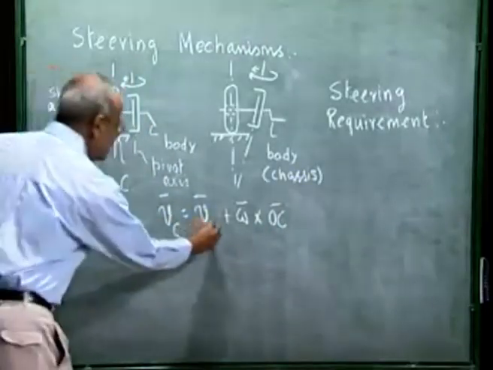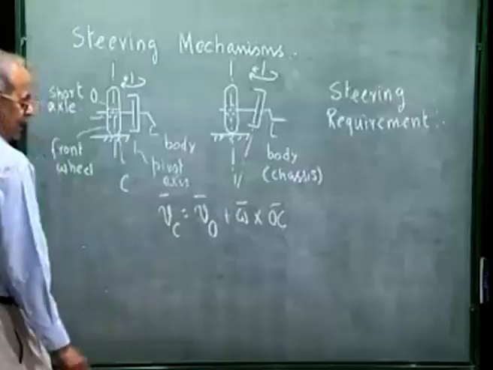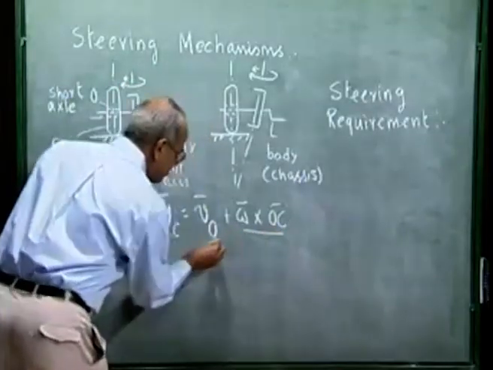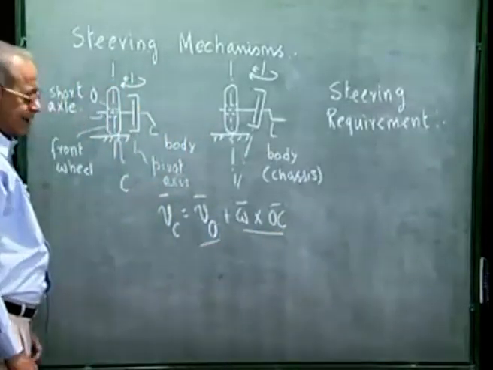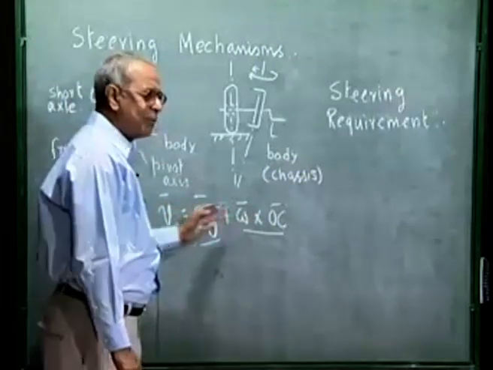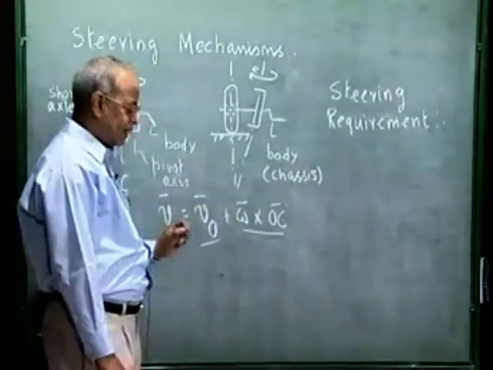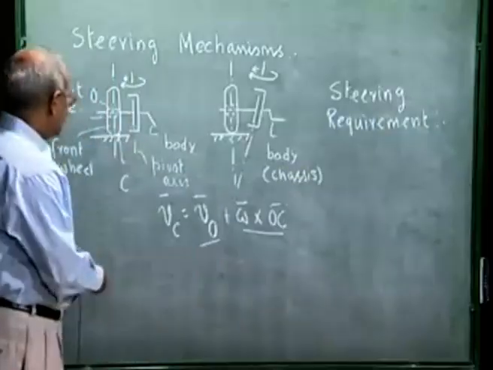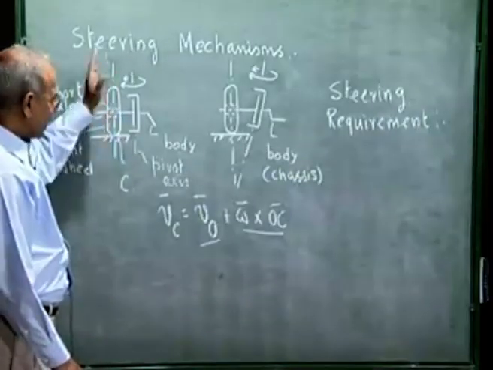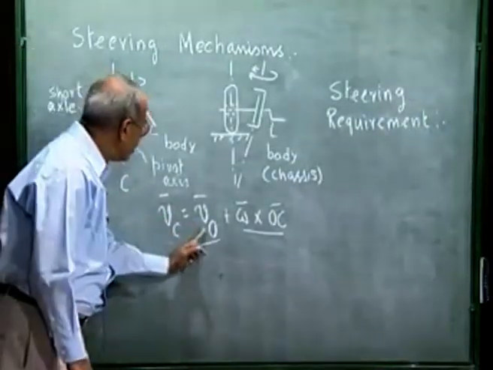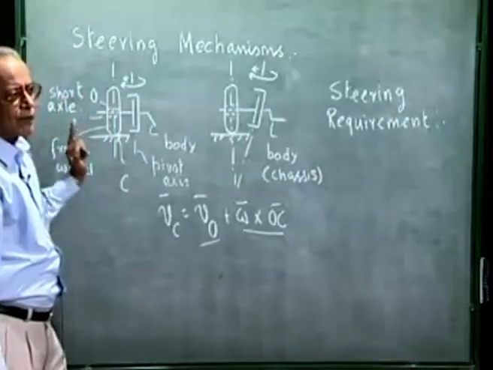Now, for Vc to be 0, this vector must cancel this vector. That means these two vectors must lie in one plane. Now, omega cross OC lies in the plane of the wheel. So, VO must lie in the plane of the wheel.